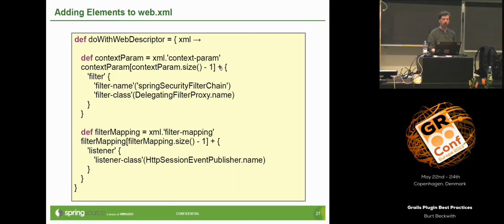Then I'm going to plus in a closure, which will create a filter and two child nodes. It's a really weird syntax, and the first few times you use it, it's really confusing, but then you just copy paste. Steal from mine. You can look at the Spring Security plugins and see a lot of examples of these.